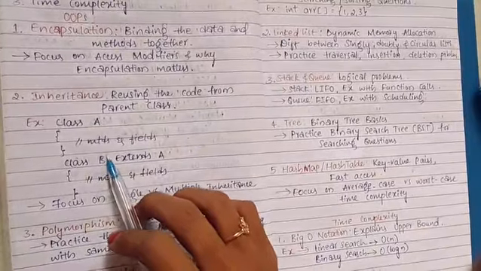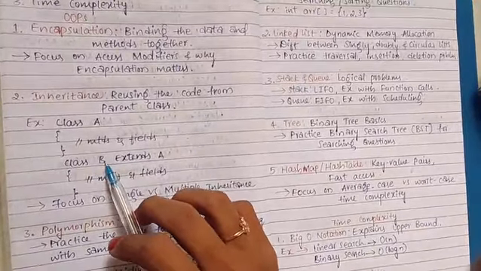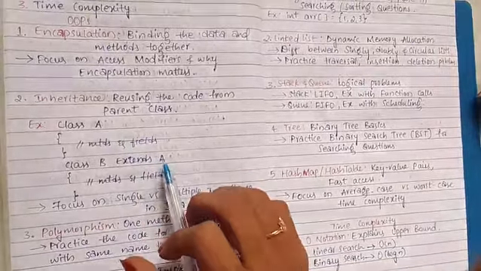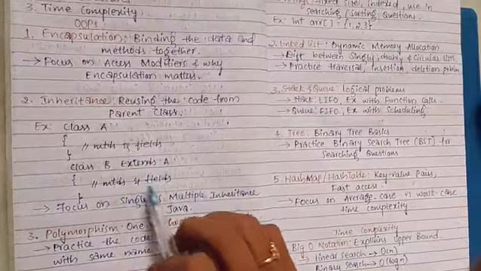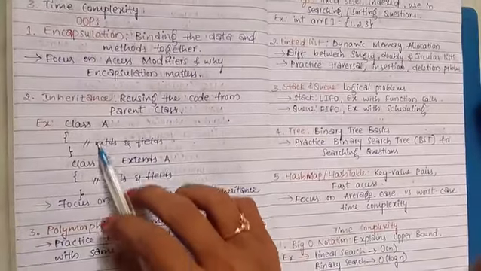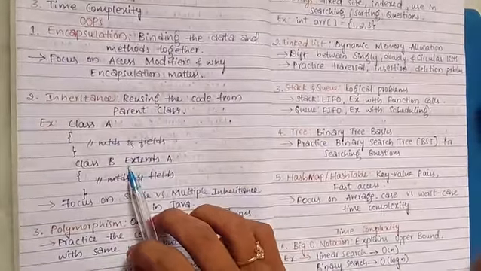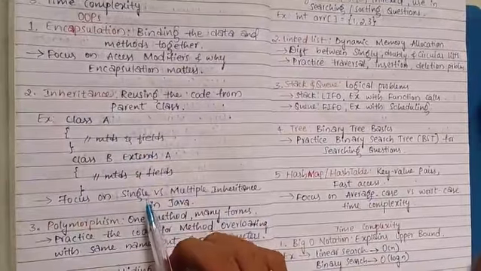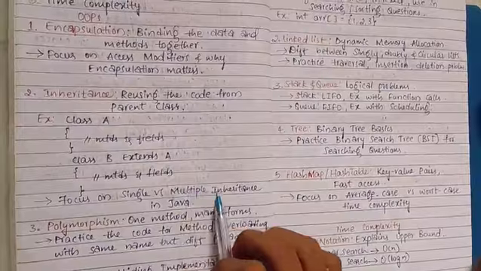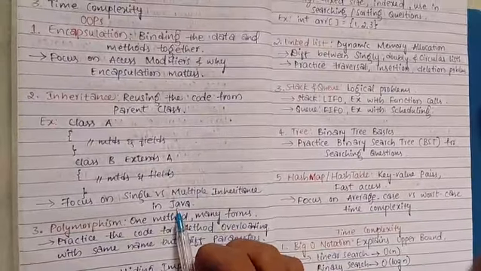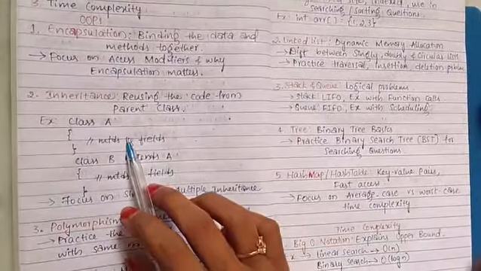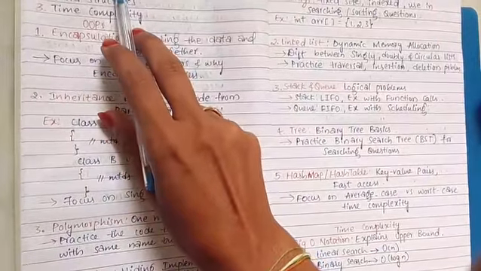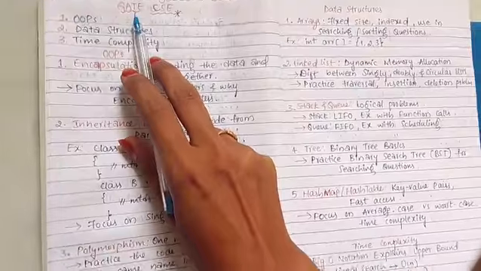And class B is the child class, which extends class A, the parent class, and has some methods and fields in it. This is an example of inheritance. In the inheritance concept, you have to focus on single versus multiple inheritance in Java. These are very important questions that were asked in previous year question papers for the GATE exam.